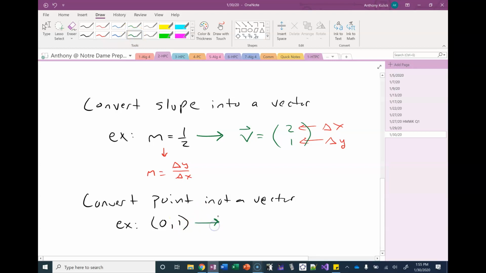And I'm going to convert this into the vector r sub 0, which would just be the point, or the vector 0, 1. Yes? That's the letter R with a subscript of 0.